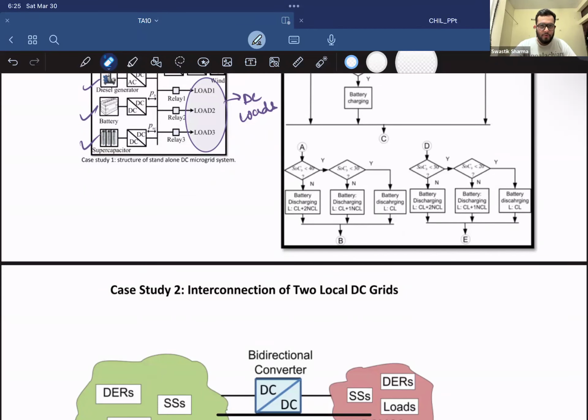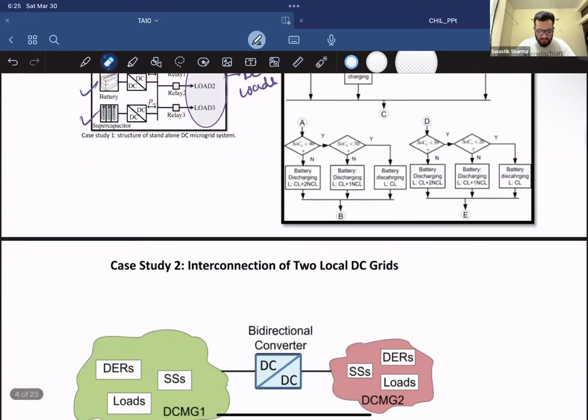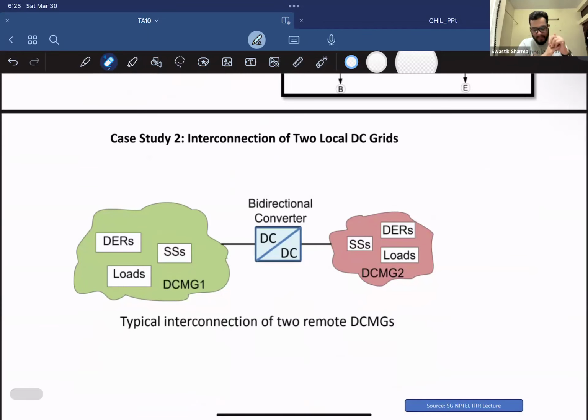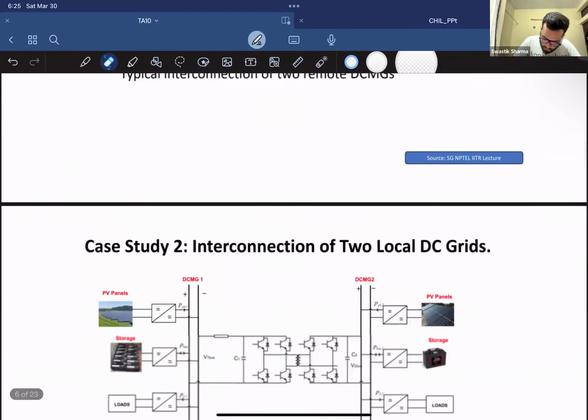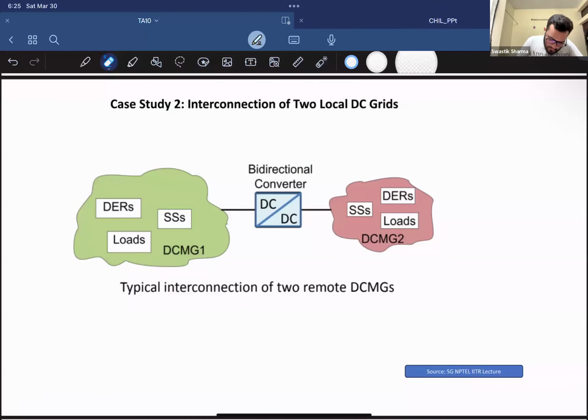Okay, so moving on, if you have, let's say, two local DC grids, they can be coupled using a bidirectional DC to DC converter, which can help in maintaining those two remote grids and combining them in such a way that it can enhance the efficiency of the grids. But one thing is very difficult to do.